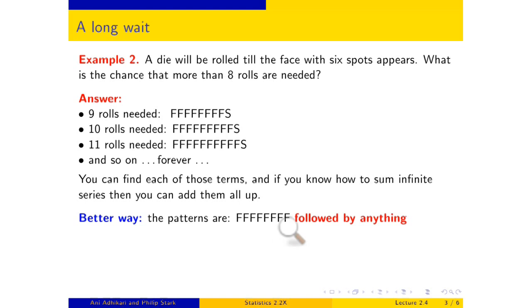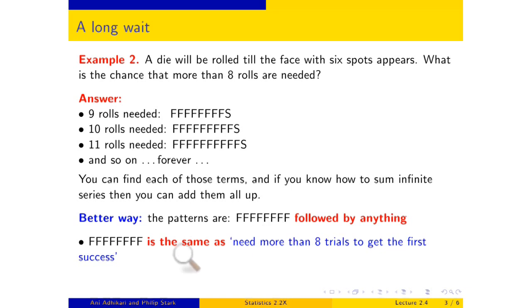And if you needed more than 8 rolls to get your first success, certainly the first 8 things you wrote down had to be Fs. So what you've learned is that this pattern of length 8, Fs in a row, is just the same as needing more than 8 rolls to get the first success. So if you want the chance of more than 8 rolls to get the first success, all you have to do is find the chance of this pattern.